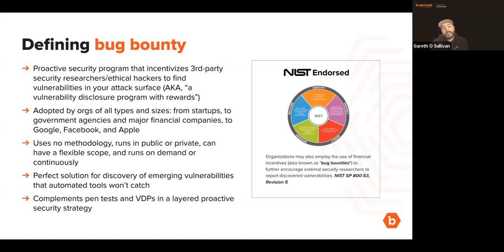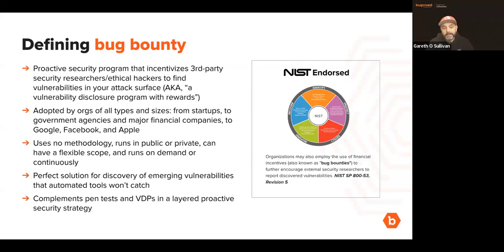Bounty programs are typically not methodology based, and they can run in either a public or a private setting. They're very flexible. One of the huge benefits of a bug bounty program is this concept of a flexible scope. Oftentimes you can move things in and out of programs.